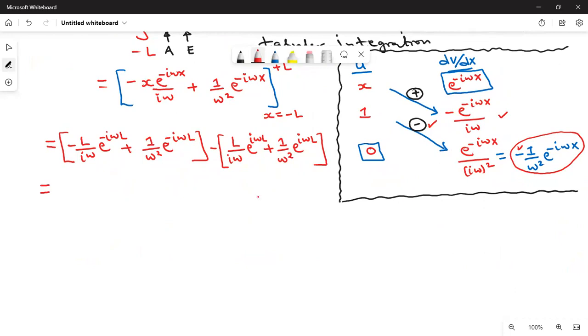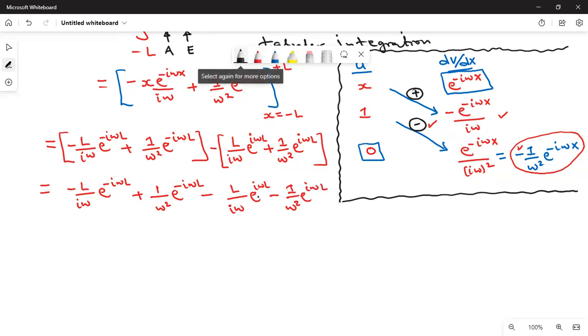I want to open the bracket, negative L over i omega exponential negative i omega L plus 1 over omega squared exponential negative i omega L minus L over i omega exponential i omega L minus 1 over omega squared exponential i omega L. So I want to combine the like terms.